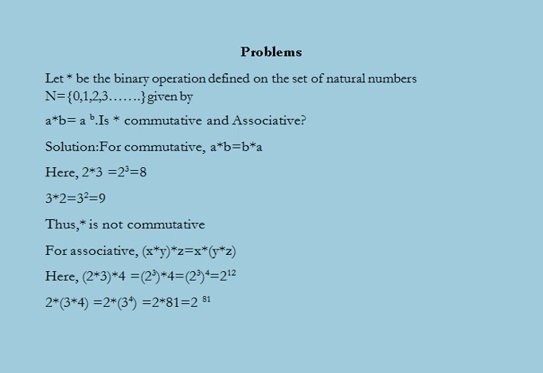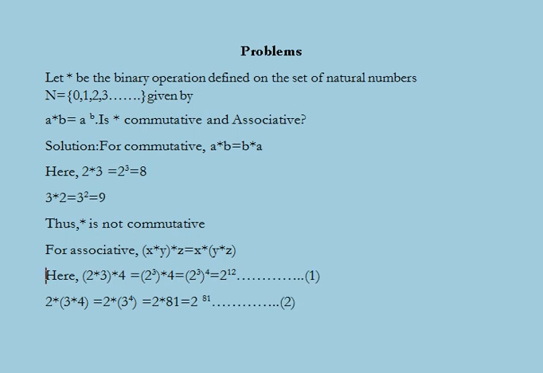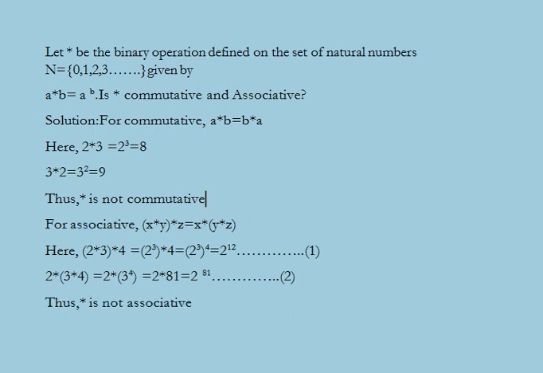Now here we note that equation 1 is not equal to equation number 2, which was required for the operator to be associative. Thus we can say that star, which is the binary operator, is not associative. Thus we have found that the given binary operator is neither commutative nor associative.